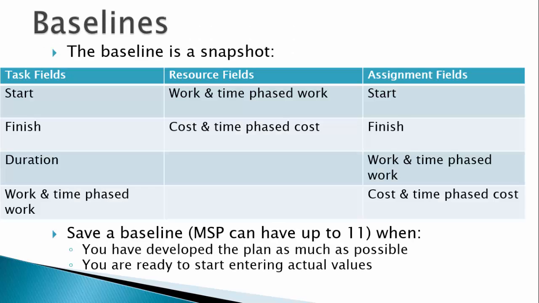The baseline is a snapshot of the key fields in Project as shown in the table. Project can actually store up to 11 baselines for one plan. So when you have developed the plan as much as you can and you are ready to enter actual values, you will need to save a baseline.